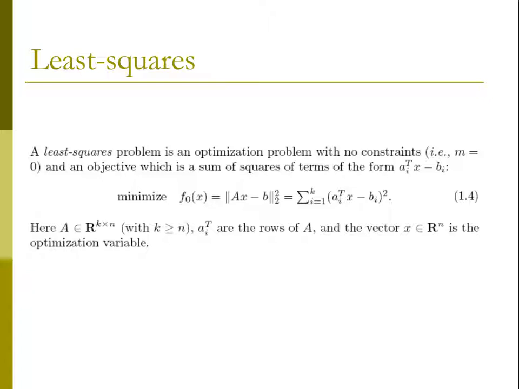And the least squares problem is the basis for regression analysis, optimal control, and many parameter estimation and data fitting methods. So it is a very efficient tool to help solve problems.